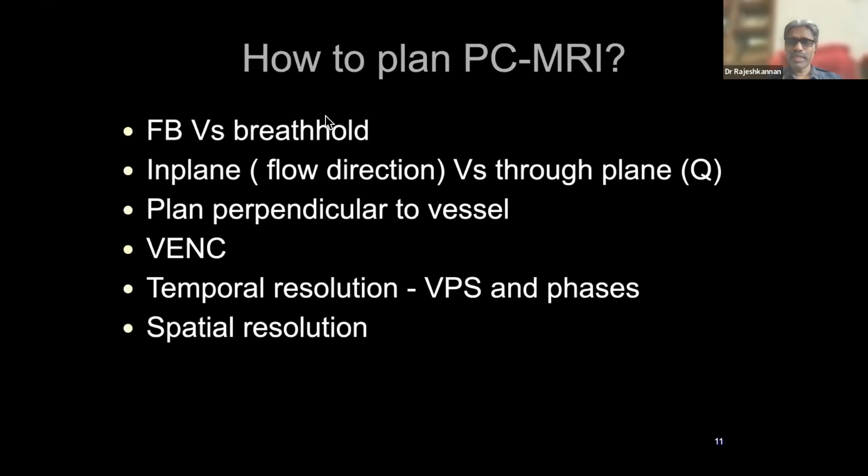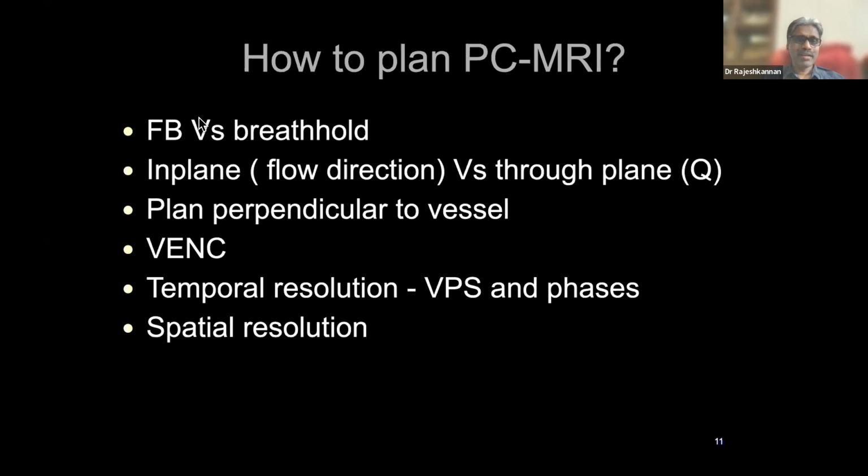Usually it will take about 10 to 15 seconds. So in order to use this as a breath hold sequence, we make it a little faster. Whereas in a free breathing sequence, we have to take multiple averages over multiple heartbeats, so in the range of 30 to 60 seconds.